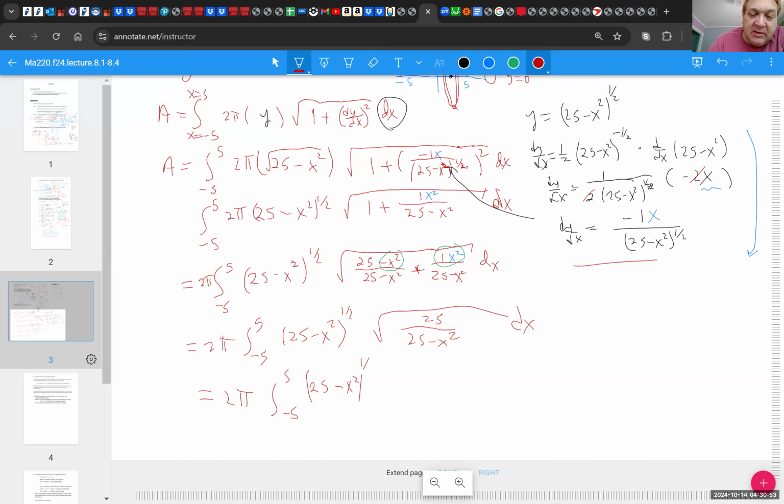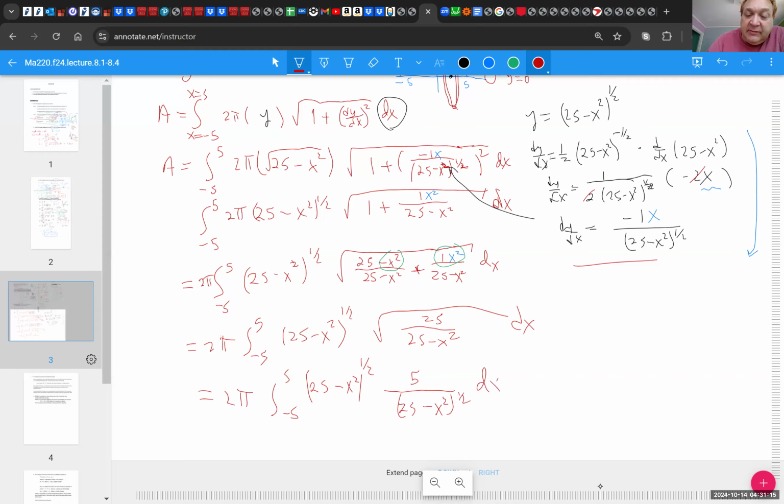All right. So when you square a fraction, you can square at the top and square at the bottom. So the square root of 25 is 5. And the square root of 25 minus x squared, I don't know what that is. There's no distributive property with square rooting. You cannot write this as 5 minus x. The best we can write it is 25 minus x squared to the 1/2. That's the square root of that critter.